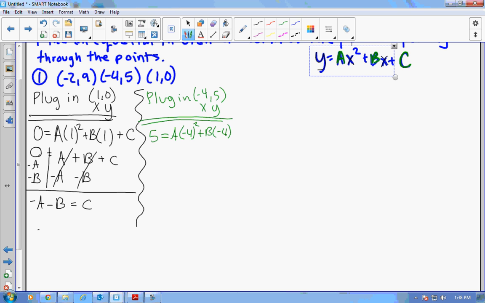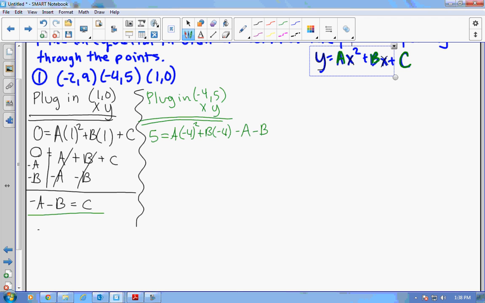But C we're going to replace with what we found in step 2, which is -a minus b. We're trying to get rid of all these letters. We don't want to be working with 3 variables. We want to work with 1 or 2 of them.